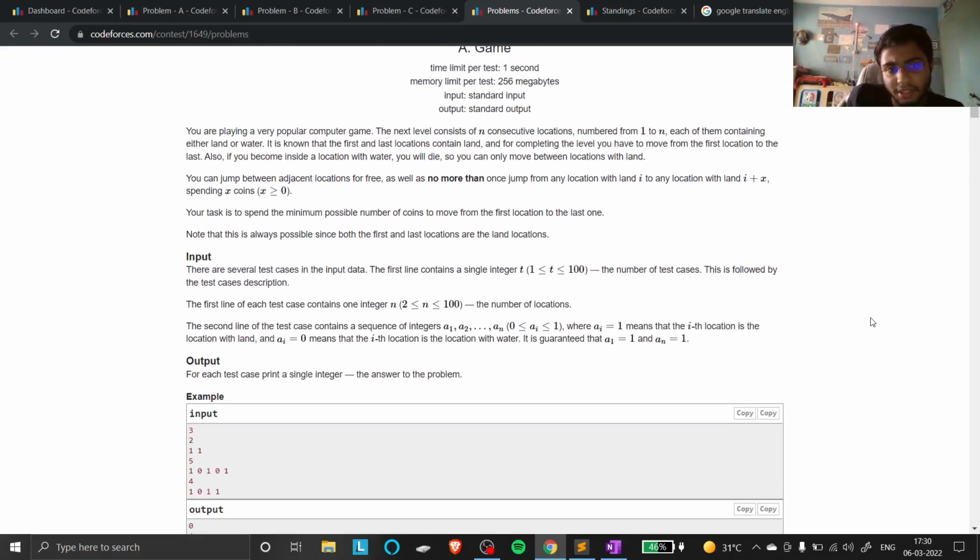You can jump between adjacent locations for free, as well as no more than once jump from any location with land I to any location I plus X, spending X coins.